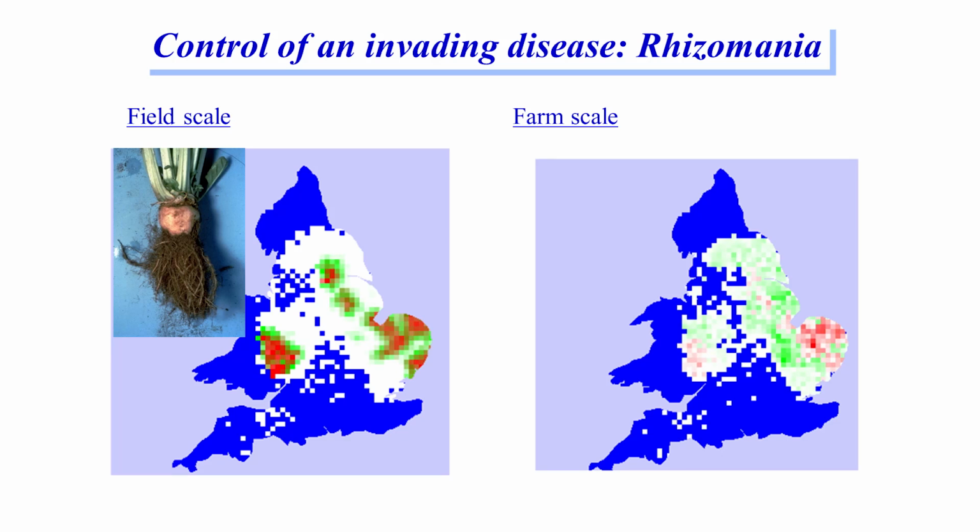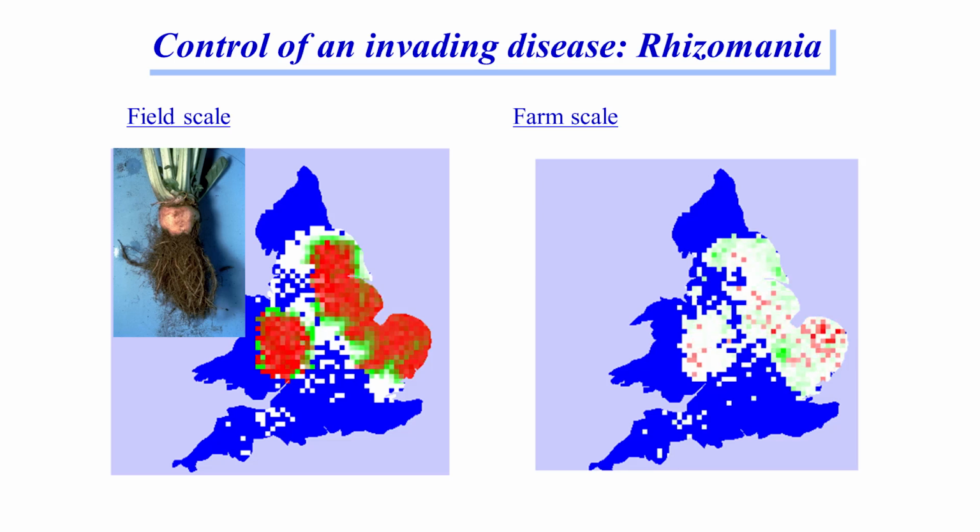Now at the time, the government proposed that there should be what effectively is a field scale scheme for control. If you see the symptoms of disease, and if you pick the plants up, you'll see it like this, but you tend to get a yellowing in the field. And then you look at your crop.